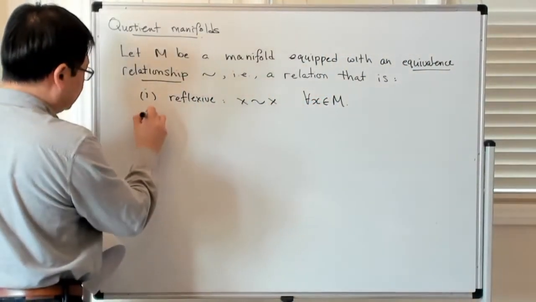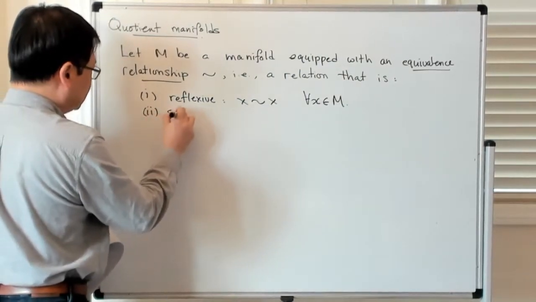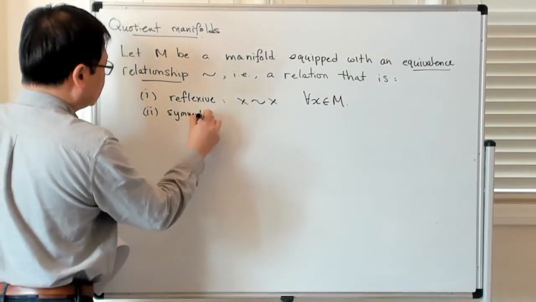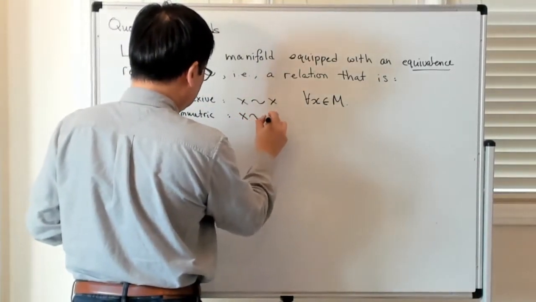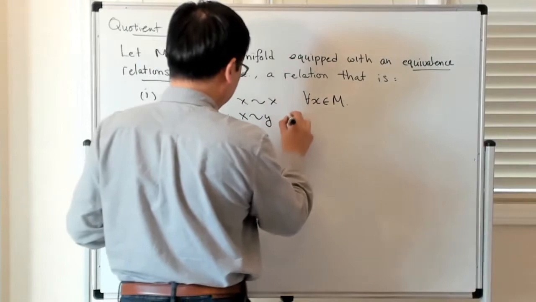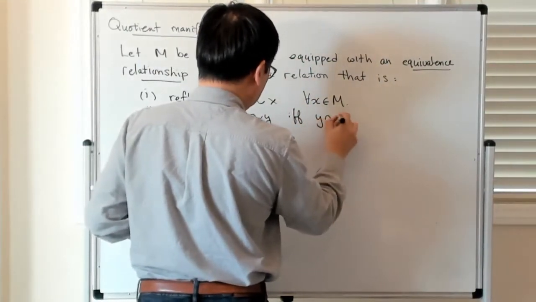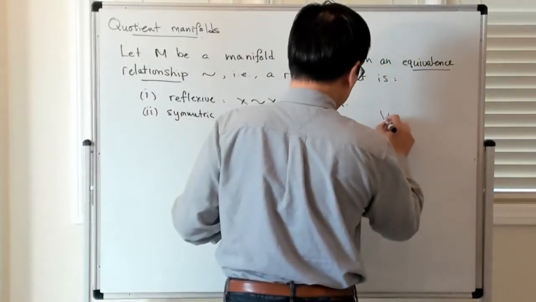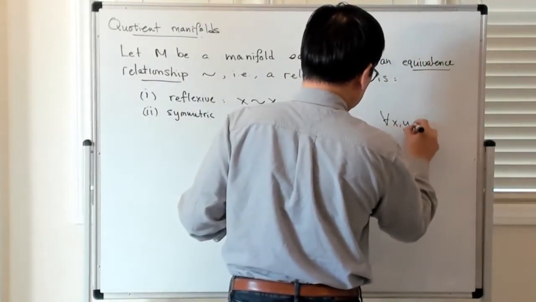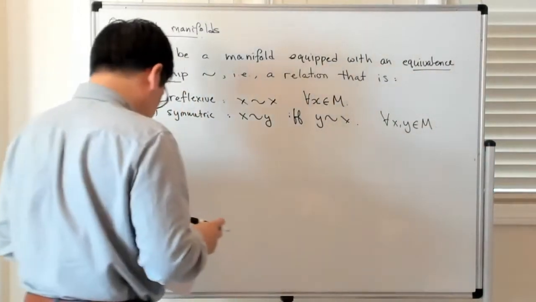The second thing is that it's symmetric. X is related to Y if and only if Y is related to X, and this is true for all X, Y in the manifold.